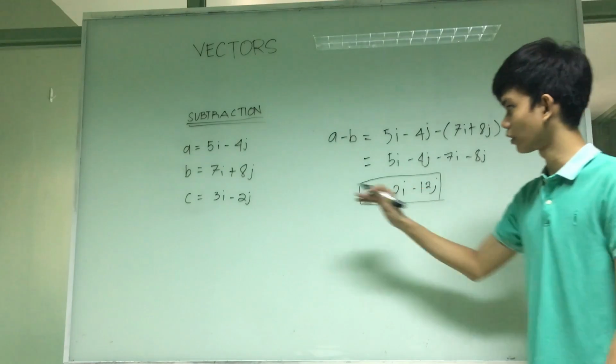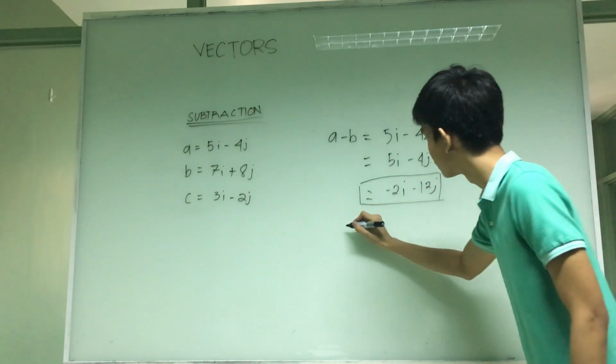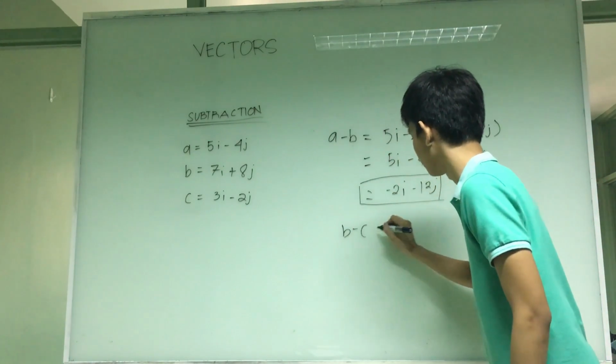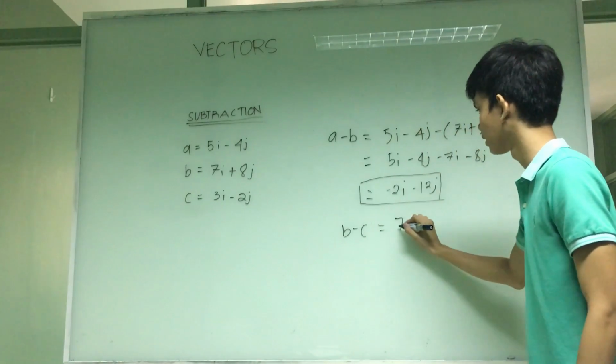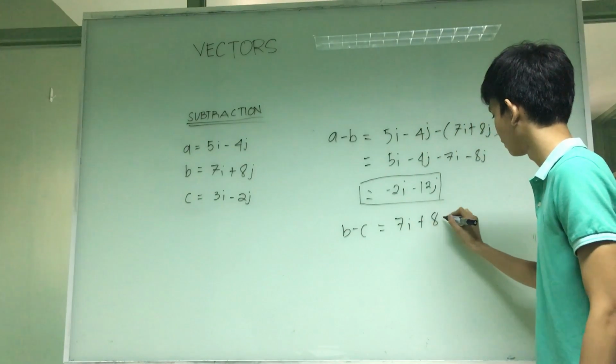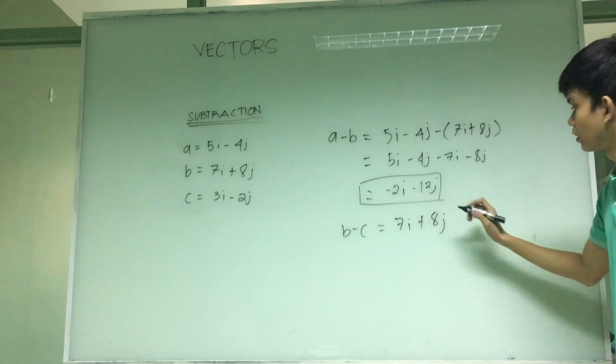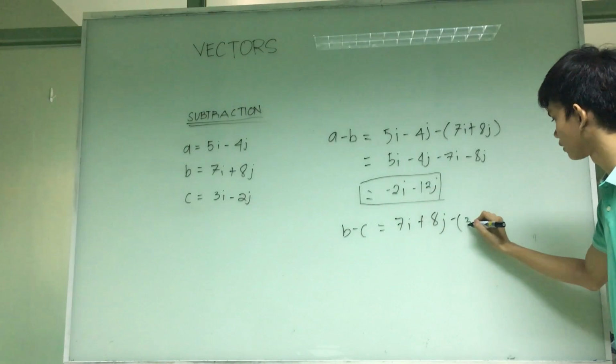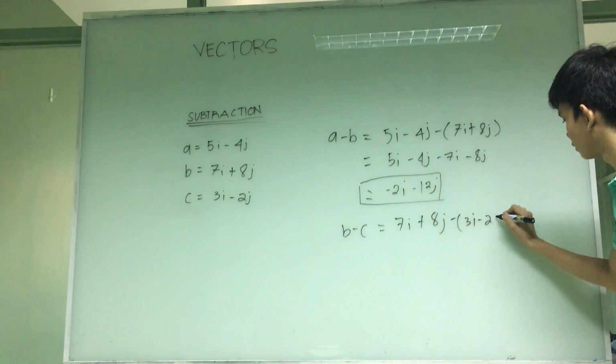So for another example, let's subtract B minus C. So first is B, 7i plus 8j, minus our C, 3i minus 2j.